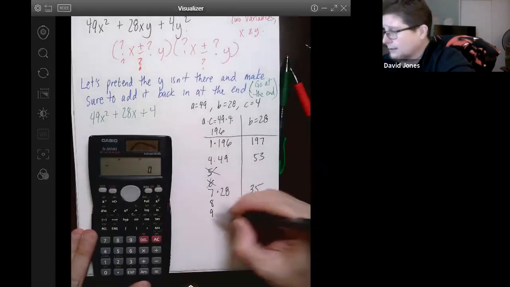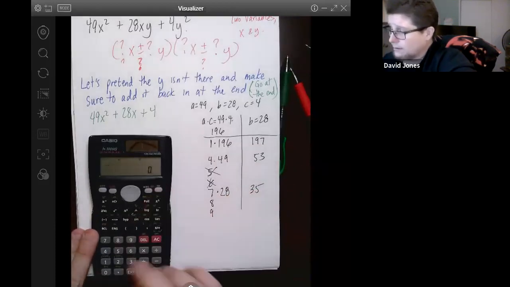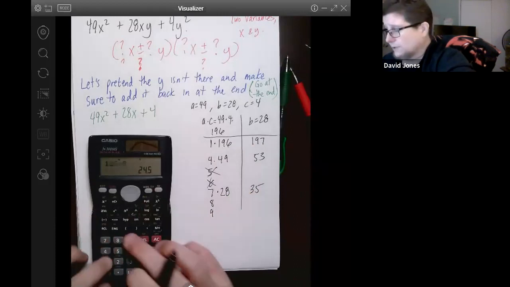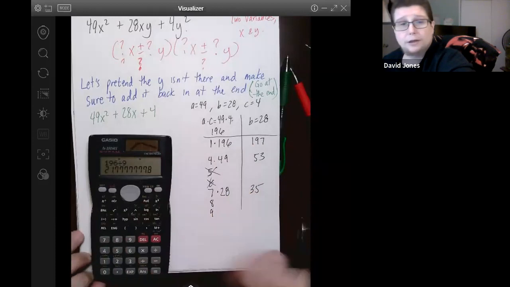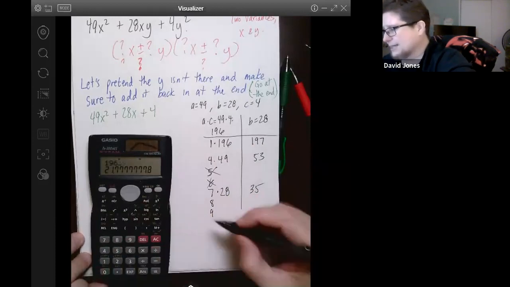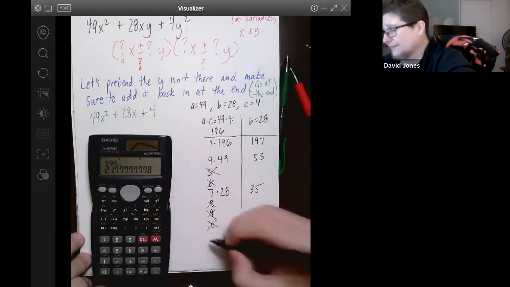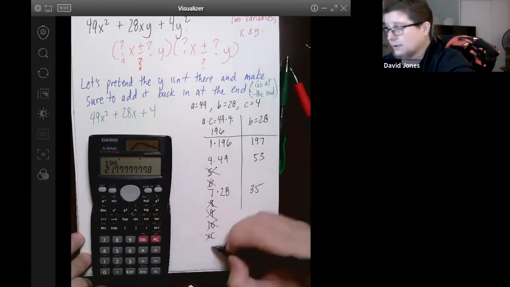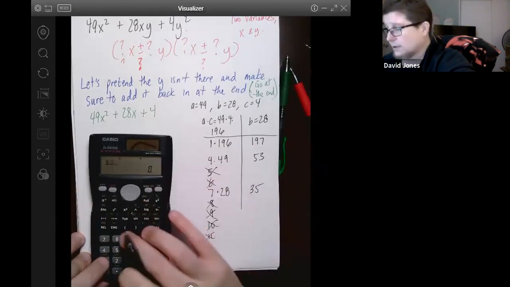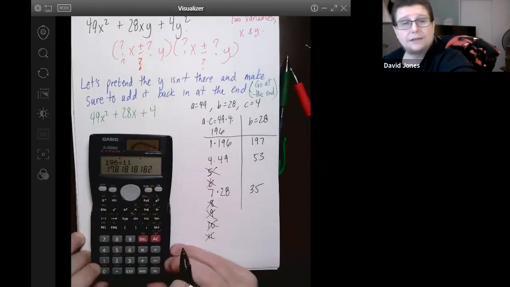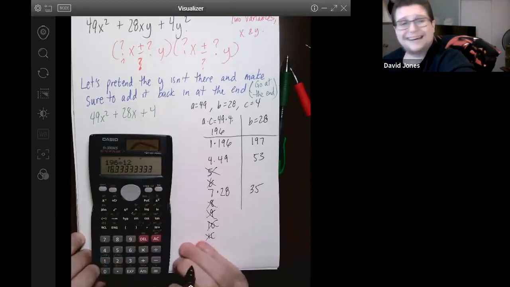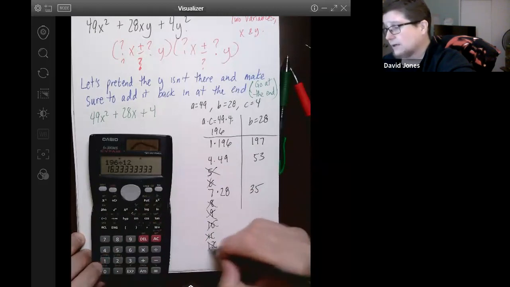We're getting close. Start checking them all. 8, 9. Nope. 196 divided by 9. Nope. 196 divided by 10 doesn't end in a 0, so 10's out. 11 doesn't work. That's a decimal. We can check 12. That's a decimal, so 12 is out.